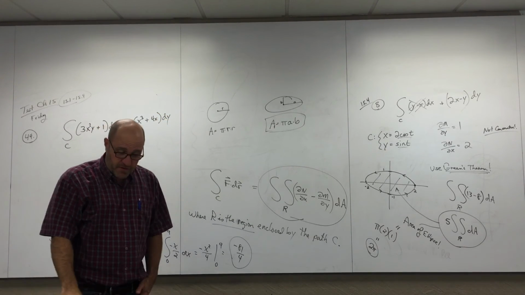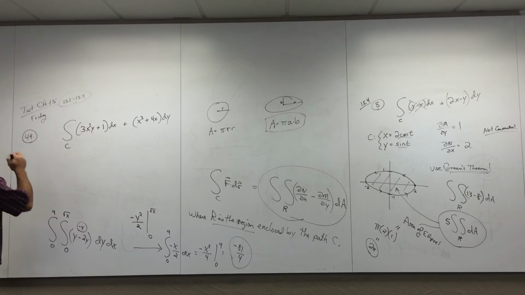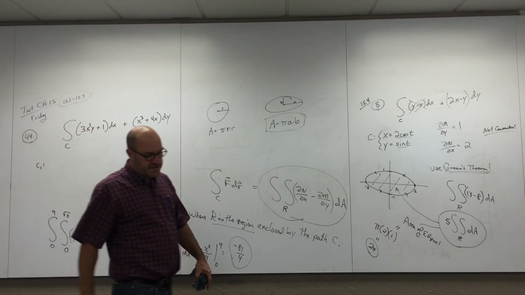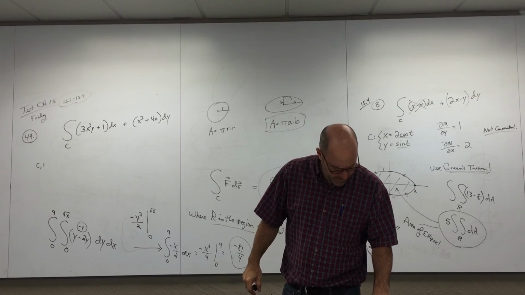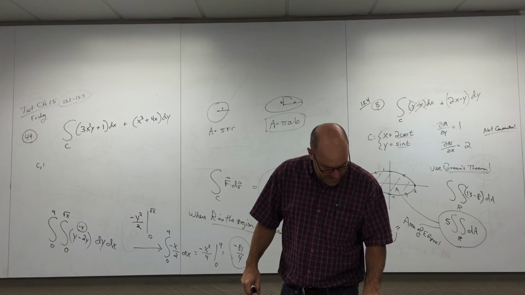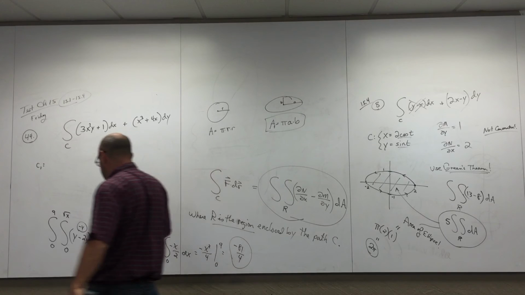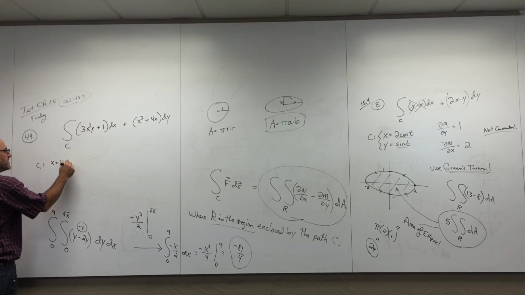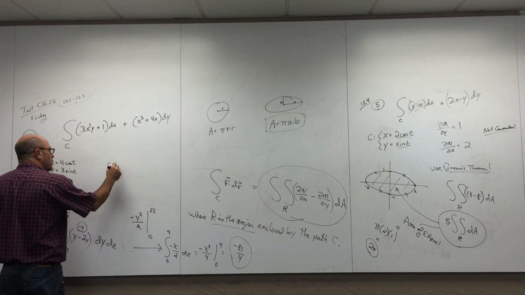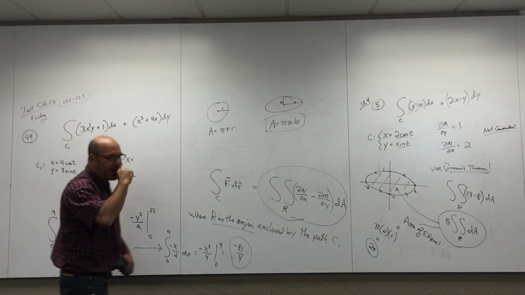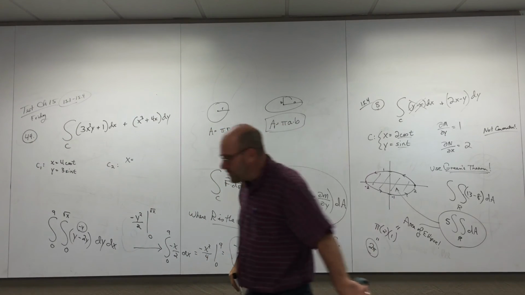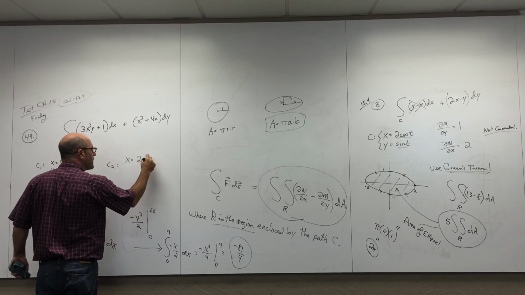Now, the curve C that they've given me is quite complicated. They gave me a C1, which is x equals 4 cos t, y equals 3 sine t. Then they gave me a C2, which is 2 cos t, 2 sine t.